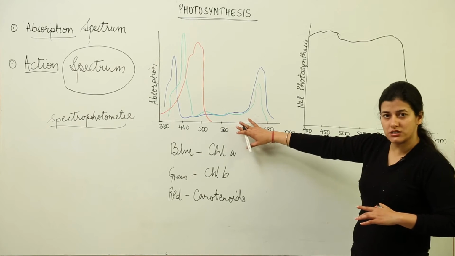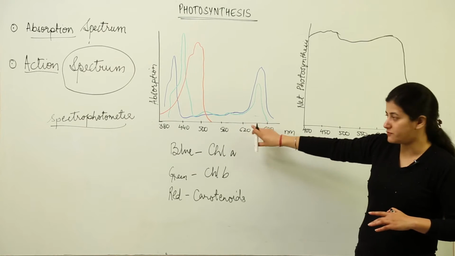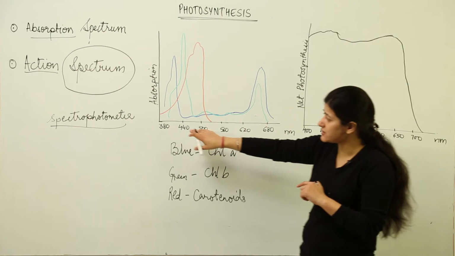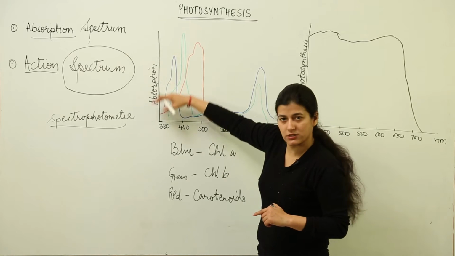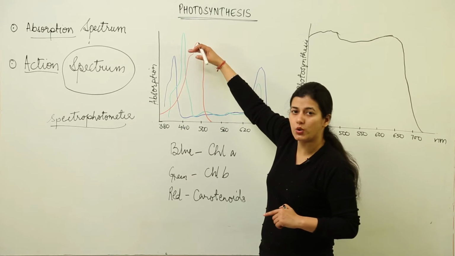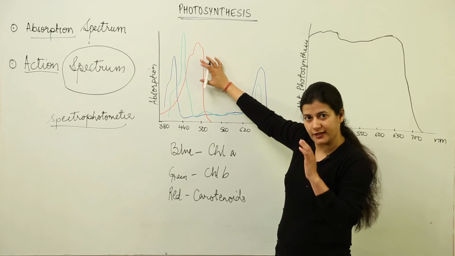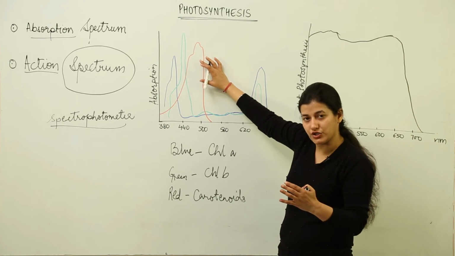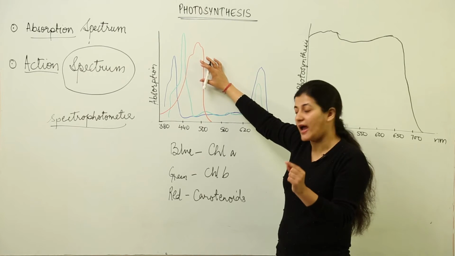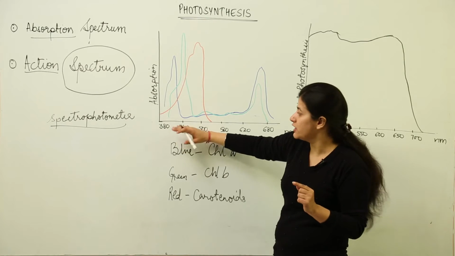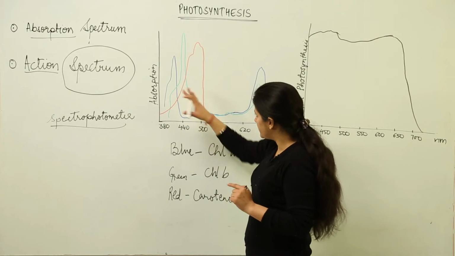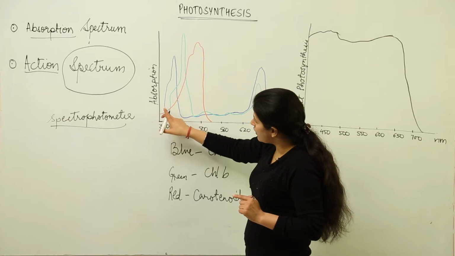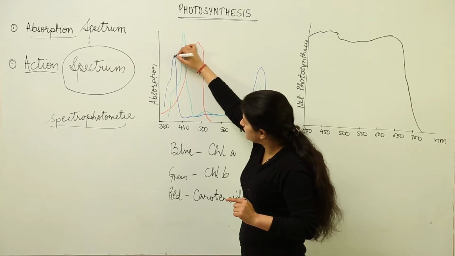Now this is the absorption spectrum. This first one is the absorption spectrum. As you can see, we are showing the wavelengths over here, and where this region is higher, it shows the absorption of light, that means absorption of energy by the particular pigment at that particular wavelength. So let us consider the chlorophyll A pigment that is represented in blue color. It absorbs maximum in this region.